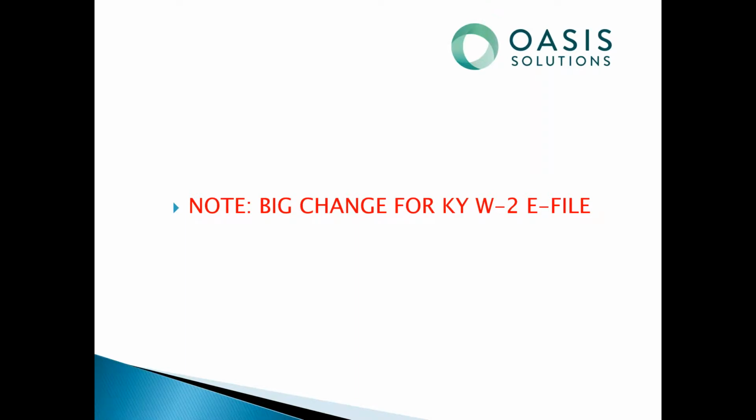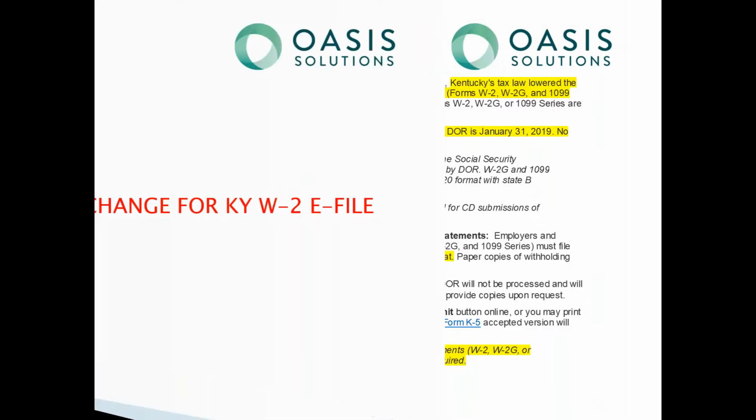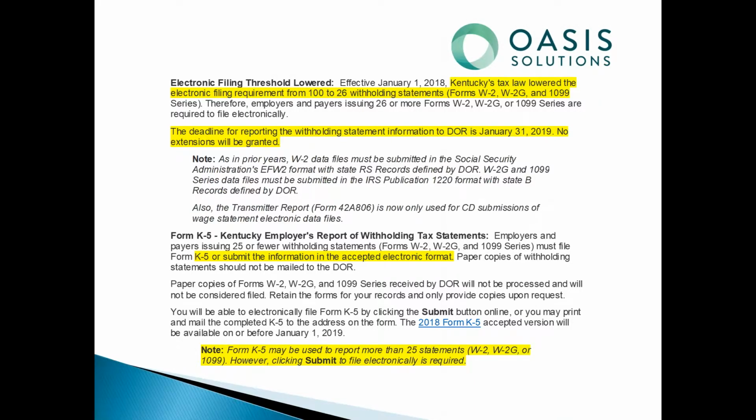And the one thing, in talking with clients about the year-end appointments, about half of the folks seem to be unaware of this change, but there's a huge change related to e-filing in the state of Kentucky. The information from the Kentucky website is saying that they are lowering the requirements for e-filing from 100 W-2s down to 26.